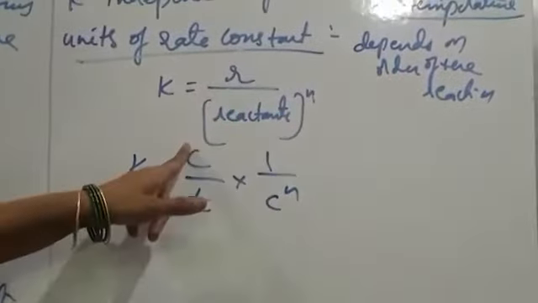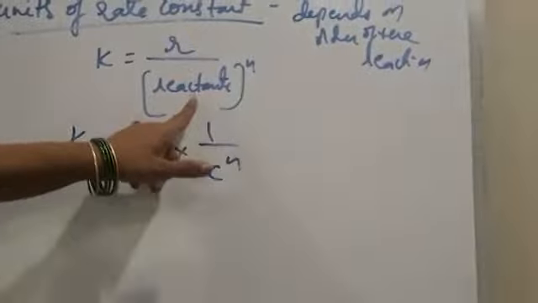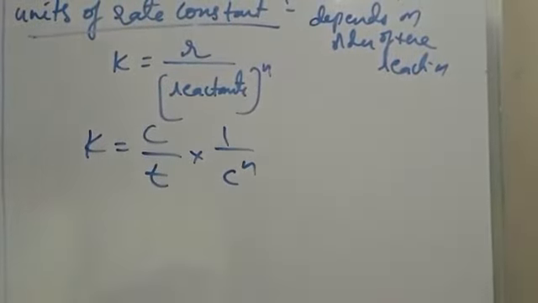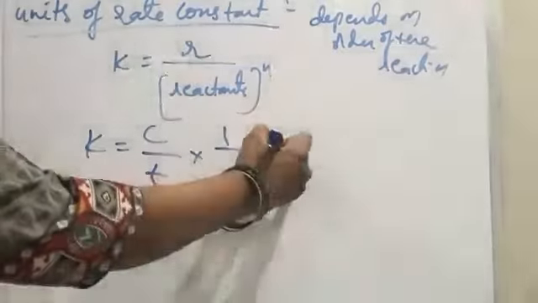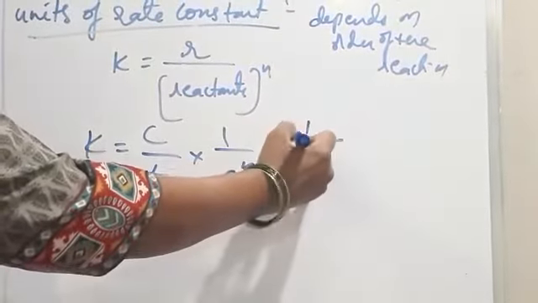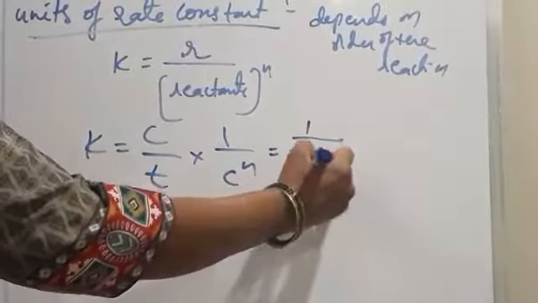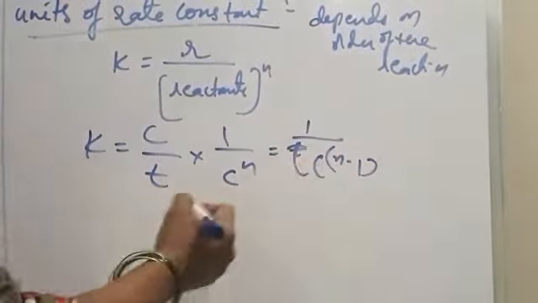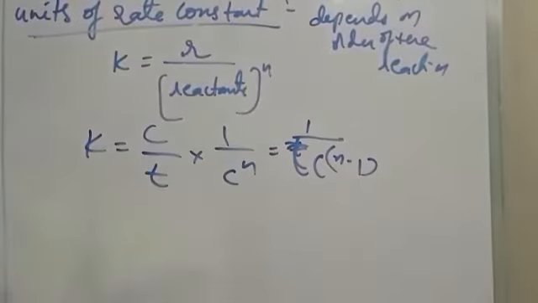So, we can write C by T into 1 by C to the power n. And this can be written as 1 by T into C to the power n minus 1.